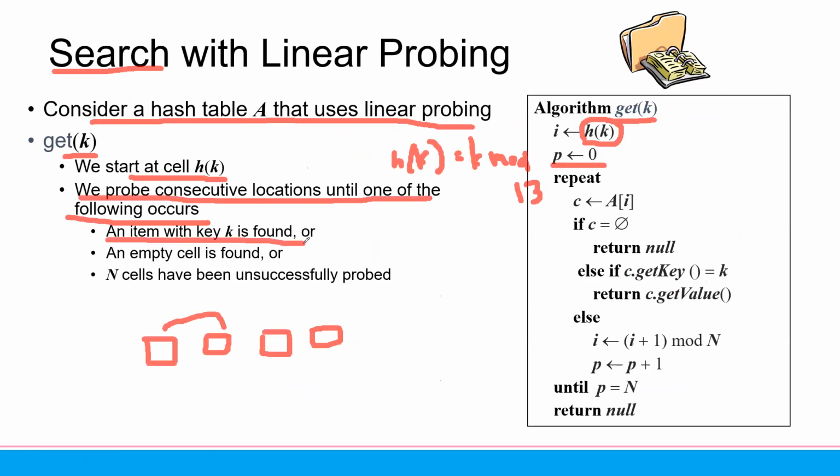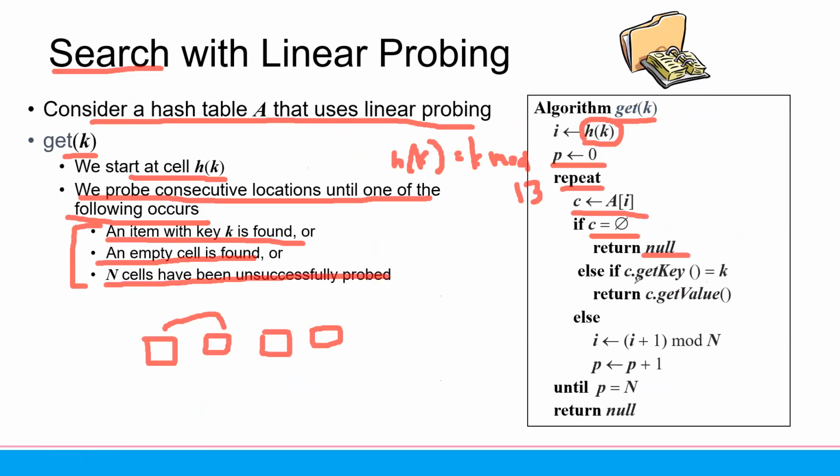So if an item with key k is found, finish. Or if it is an empty cell, finish. Or n cells have been unsuccessfully probed. So if one of these three conditions is satisfied, then we finish the search. We repeat for every A[i]. If it is empty, then return null.